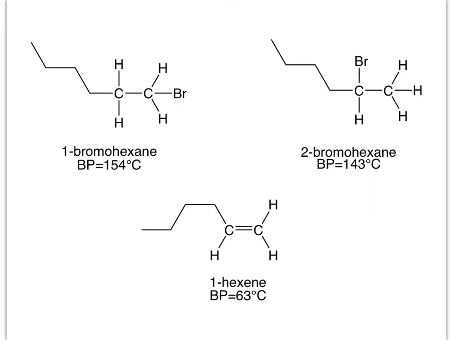So here are our 2 potential products, the 2-bromohexane and the 1-bromohexane. And we can see that the biggest difference between them is their boiling points. And we also have some unreacted material left, so we will have 1-hexene in the reaction mixture with a boiling point of 63.